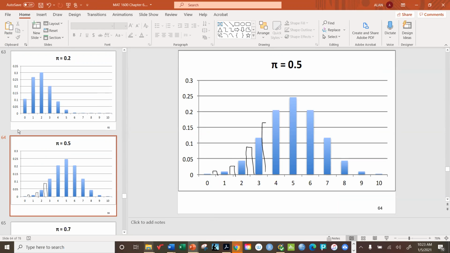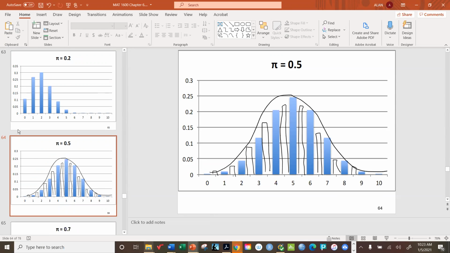And already you notice these bars kind of look like something that we just looked at. Let me just try to fill this in a little. And you'll see that, guess what? It looks like the normal distribution.